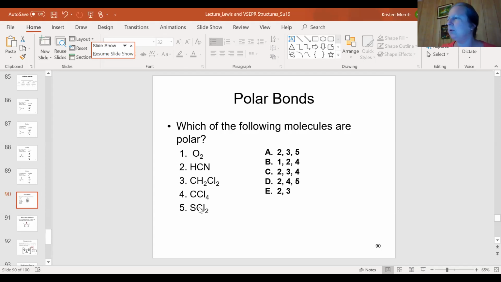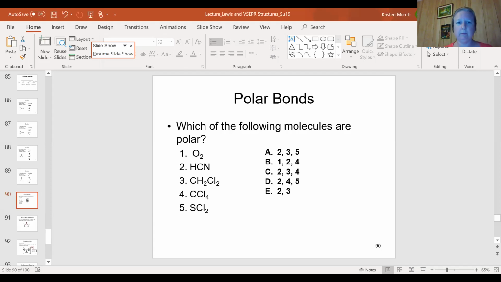And SCl2, I would have to draw out. What does SCl2 look like? Chlorine is 7, times 2 is 14, plus sulfur is 6, 20 valence electrons. So SCl2 is bent, right?